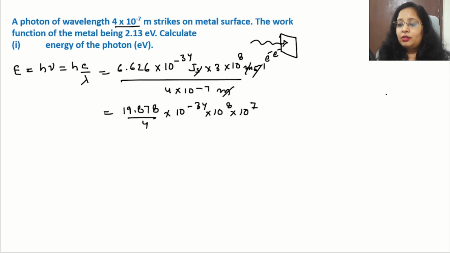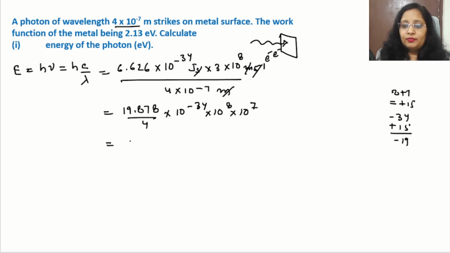Now taking all the powers, 8 plus 7 is equal to plus 15, and minus 34 plus 15 comes to minus 19. And we will divide 19.878 by 4, and we will get the value 4.97 into 10 to the power minus 19 joule.